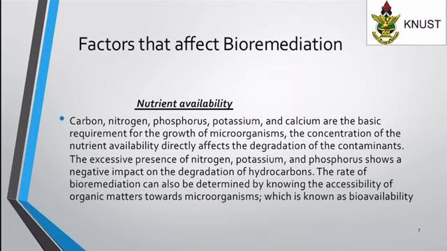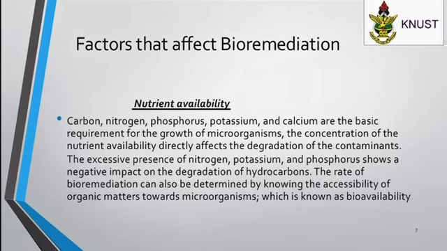The excessive presence of nitrogen, potassium, and phosphorus shows a negative impact on the degradation of hydrocarbons. The rate of bioremediation can also be determined by knowing the accessibility of organic matter towards microorganisms, which is known as bioavailability.